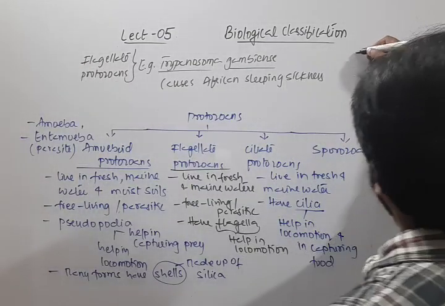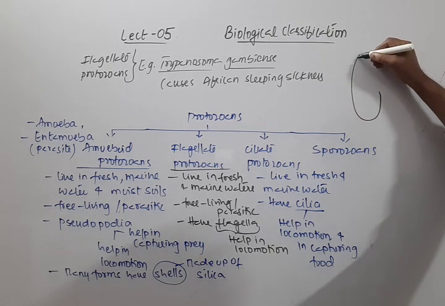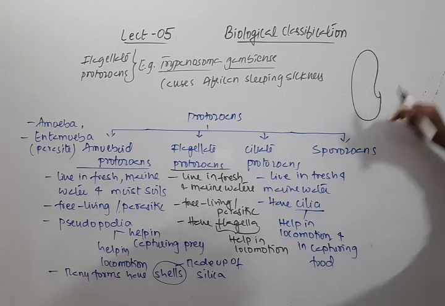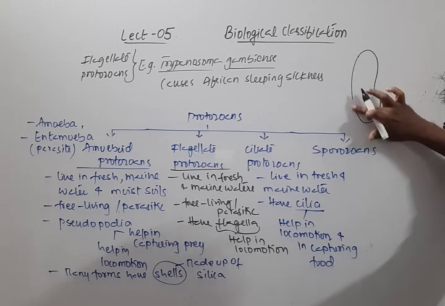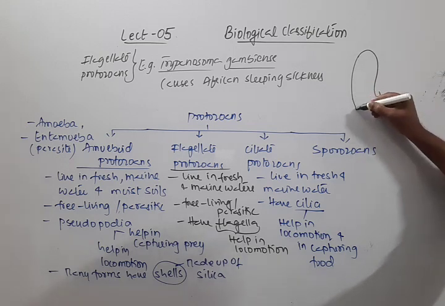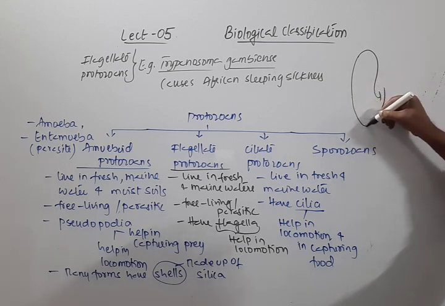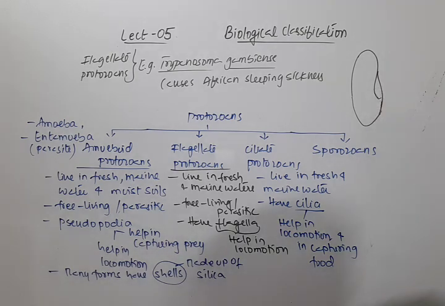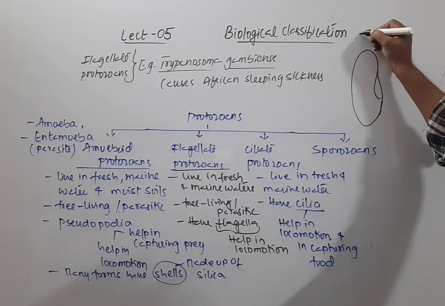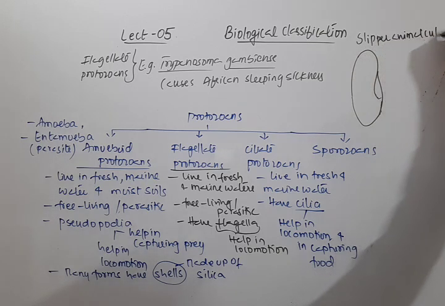Here an example of this is Paramecium. This Paramecium is commonly called slipper animalcule. It's seen in this way, and it's commonly called slipper animalcule.